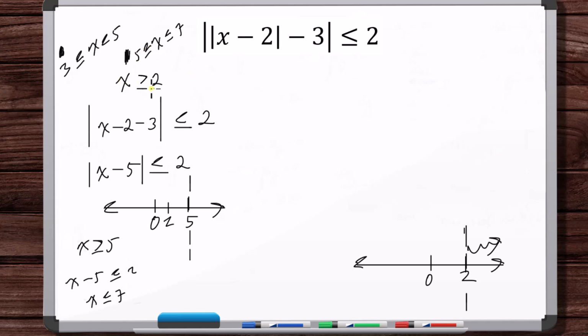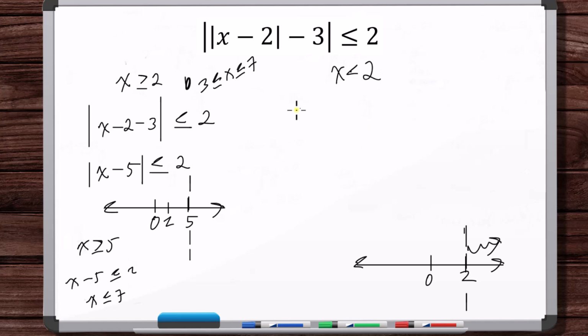And then right now, let's combine these into an OR, and we'll get 3 to 7. There we go. Those are all the solutions in terms of x being greater than or equal to 2. Now, what about x is less than 2?